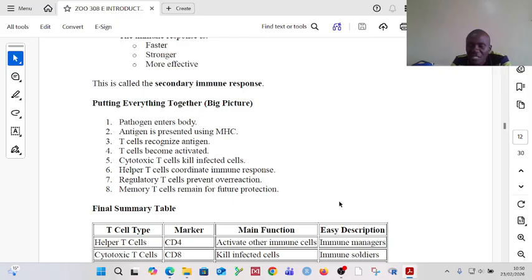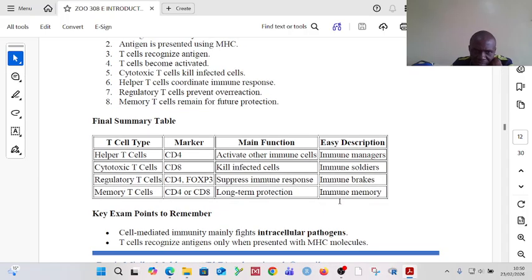Okay? So, in summary, we have helper T cells, whose job is to activate other immune cells, helping in the coordination of the immune response. The cytotoxic T cells, whose job is to kill either the infected cells or the abnormal cells.